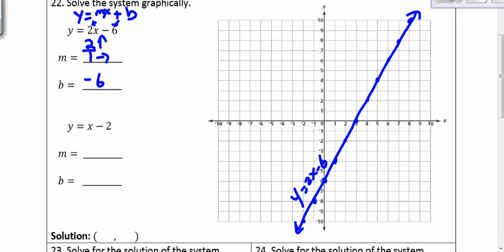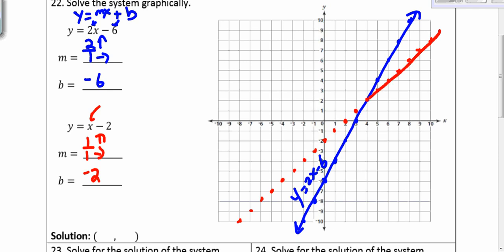Now, I have a slope of 1 over 1, and a y-intercept of -2. So my rise and run is 1 over 1. I start at -2, and I just go like this, up 1 to the right 1, up 1 to the right 1. And you see how easy it is to graph those points, down 1 to the left, down 1 to the left, and you just keep on going like that.